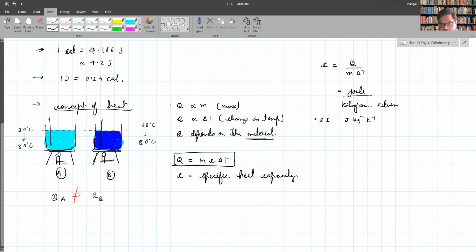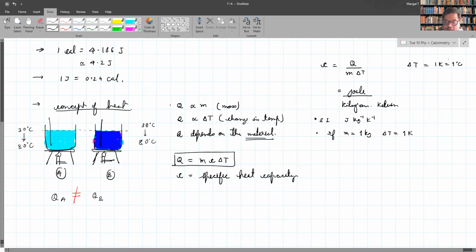And how will we define it? This is similar to the definition we studied in current electricity about resistivity or specific resistance. So if you assume the mass to be a unit mass, and the change in temperature to be a unit rise, it is also very clear that a change in temperature of 1 Kelvin is equal to 1 degree Celsius also.